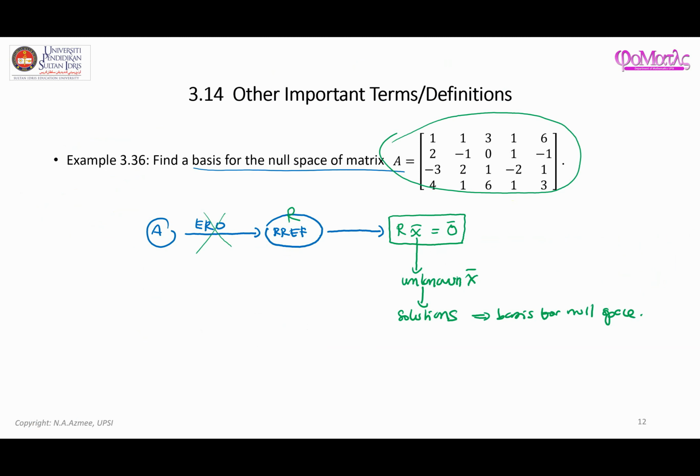Okay, let me just write down what the matrix is. RREF here is 1 0 1 0 -1. This is RREF, and then 0 1 2 0 3.